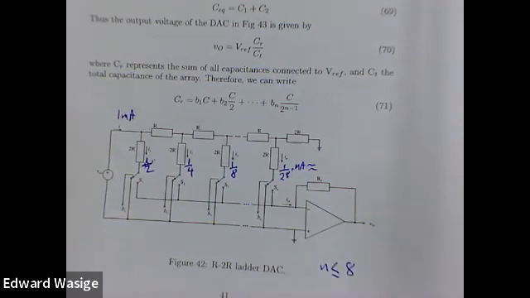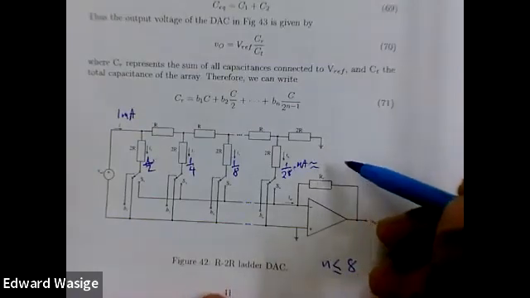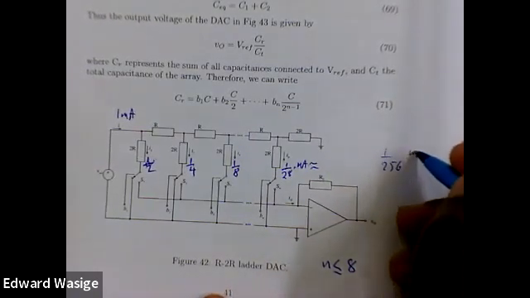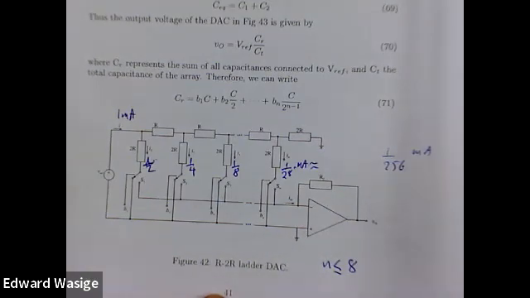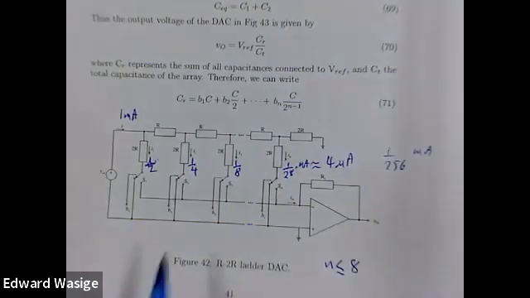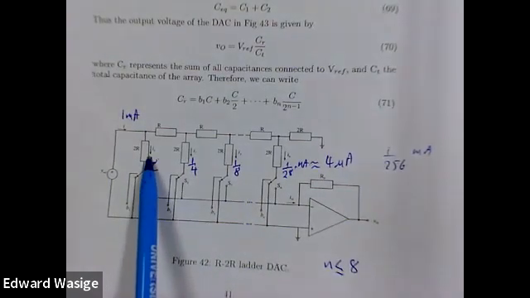Can we have an exact number for this? So 1/256 milliamps. So it's almost 4 microamps.